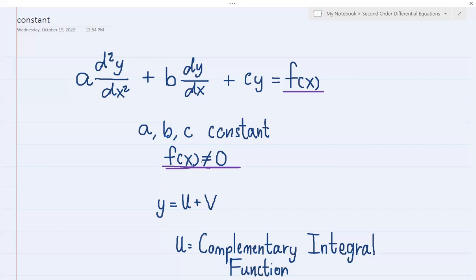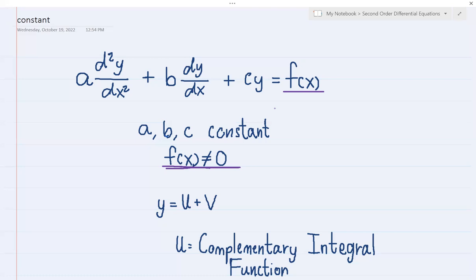Because after you've watched that video, especially the procedures that I taught in that video, you're going to use that in getting the solution for your second order non-homogeneous differential equation. Okay, so if you have not watched it, then I recommend you to watch that video first. Okay, second order homogeneous DE or differential equation, before you proceed to this video.